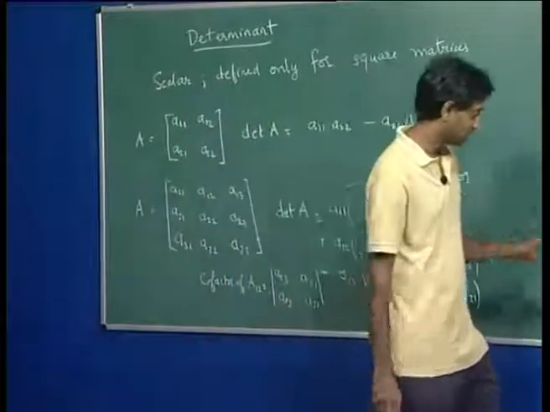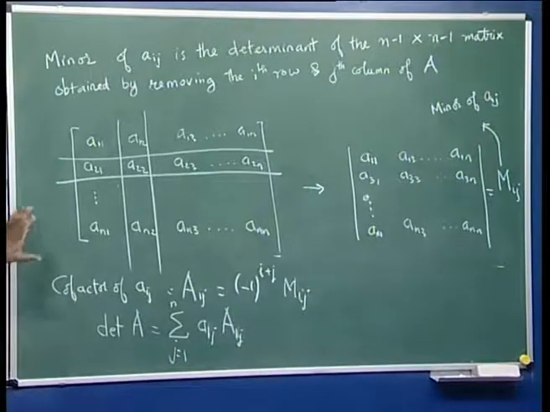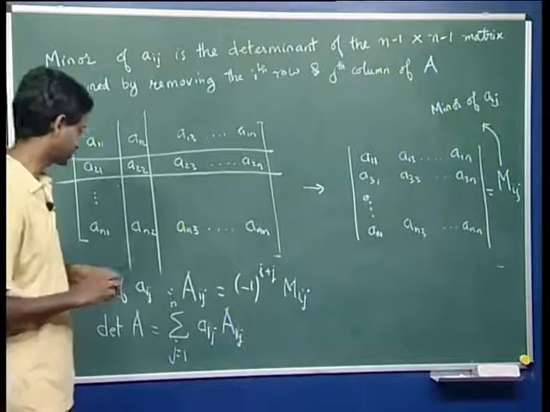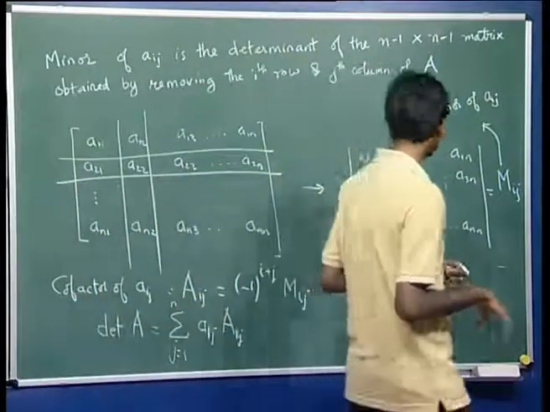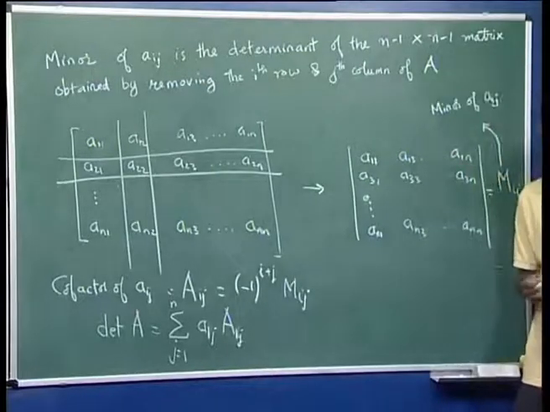Okay. So the cofactor turns out to be a very useful way, and this definition of the determinant is the useful definition, especially when you are dealing with matrices of very high order.